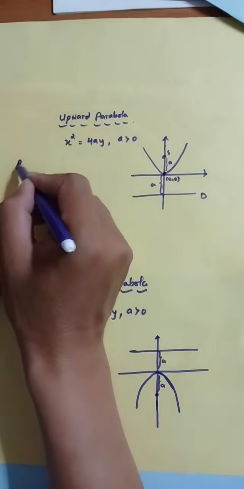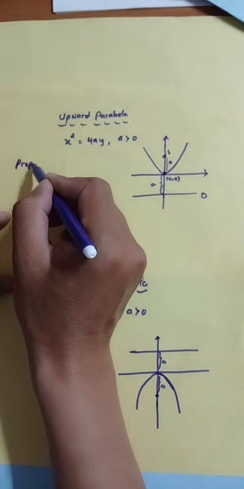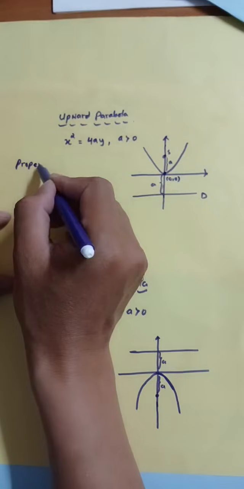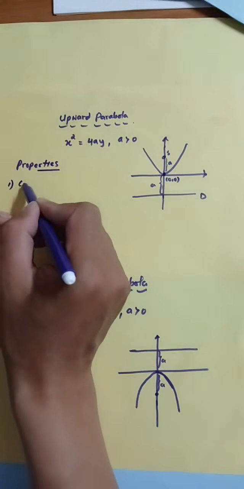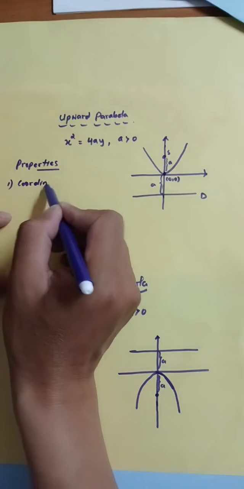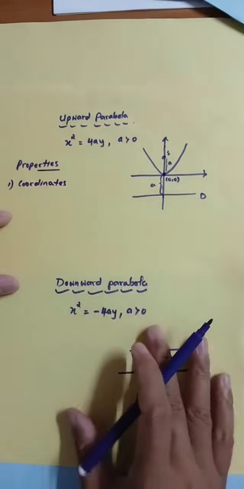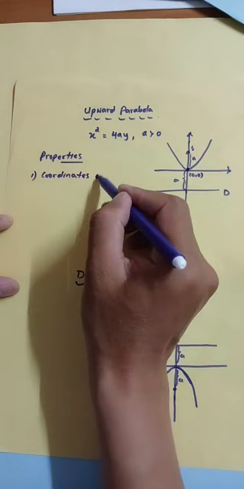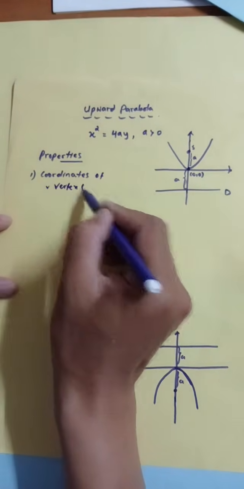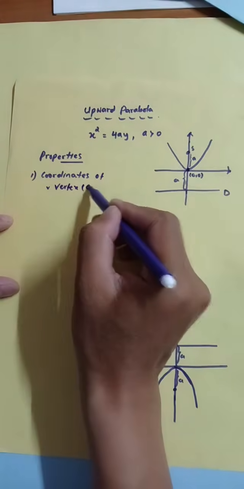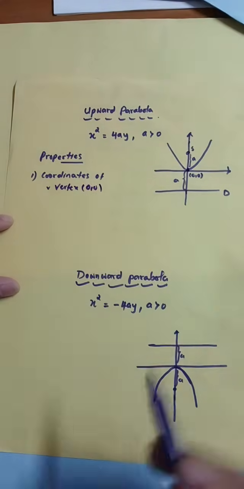So now the properties. Coordinates: first the vertex, which is 0, 0. This is the minimum point.